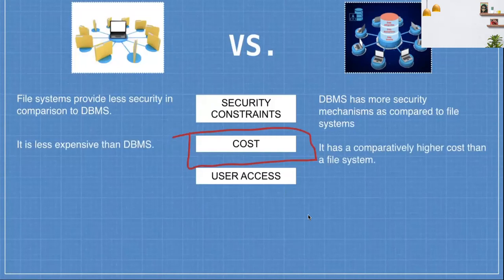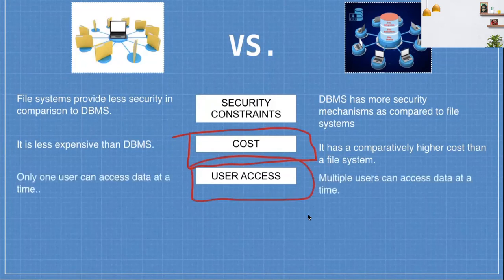Pagdating naman sa user access, mas favorable si DBMS. Kasi sa file management, as we have discussed already, only one user can access the data file at a time, while si DBMS, multiple users can access data at a time.